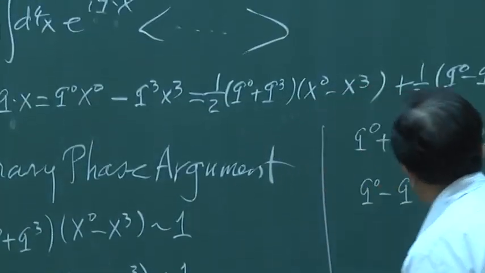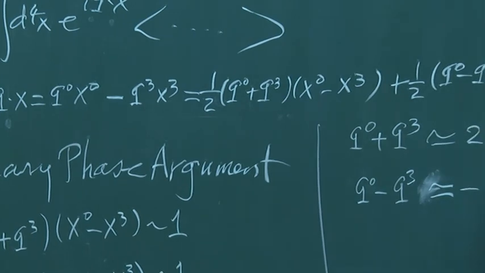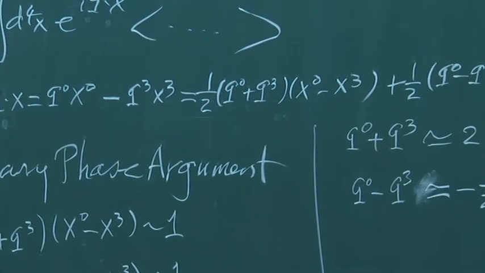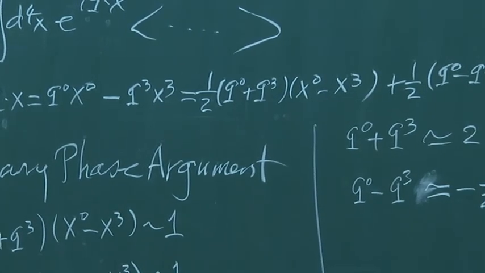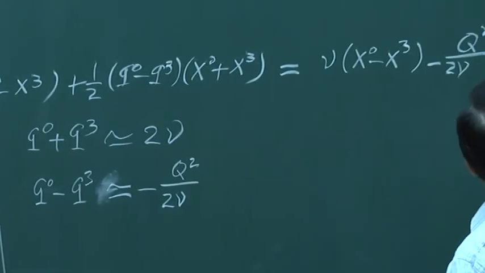So the nu can cancel, so this becomes minus Q squared over 2 nu. Okay? So let's just put in here. So this equals nu (x0 minus x3), and then minus Q squared over 2 nu (x0 plus x3).